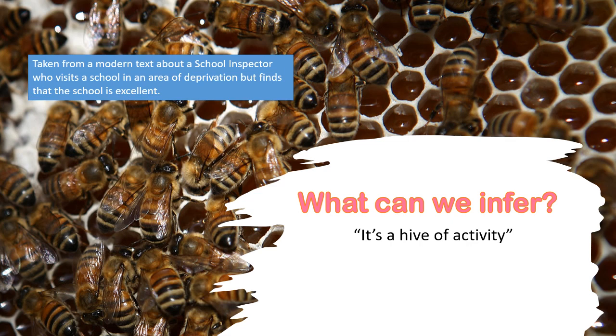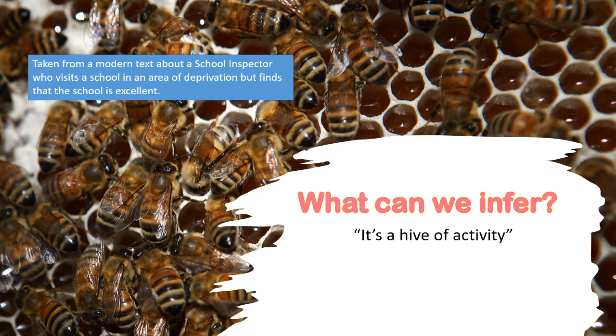One of the lines that we can find from that source is that the school is compared to a hive of activity. So I would pick that quote and I'd be thinking, okay, what do I know about hives? I know that they include lots of bees. So this is a school with lots of children in, that they're very ordered, that they are very efficient, and that suggests that this school is really successful and that the children's behaviour is excellent.